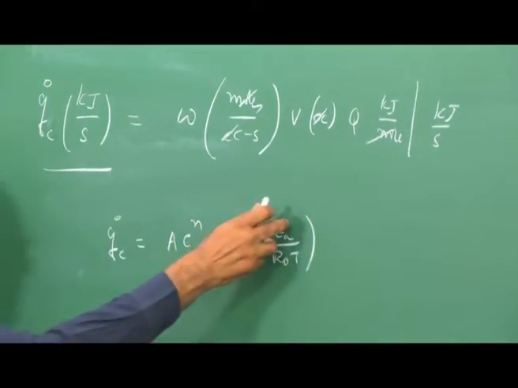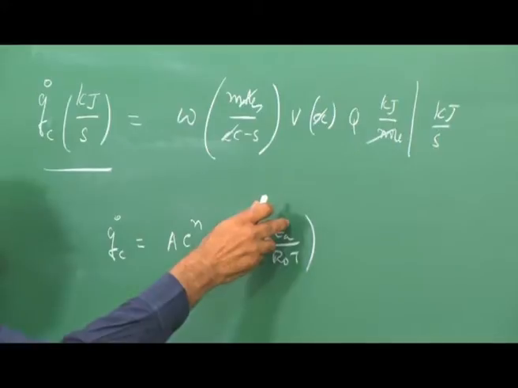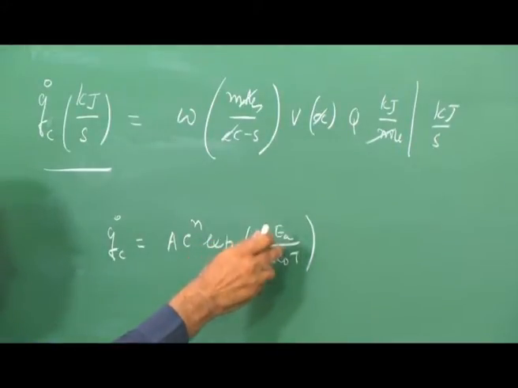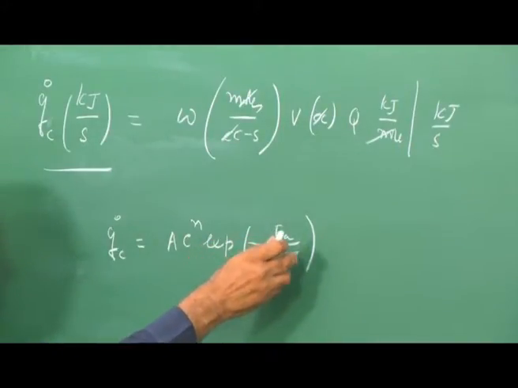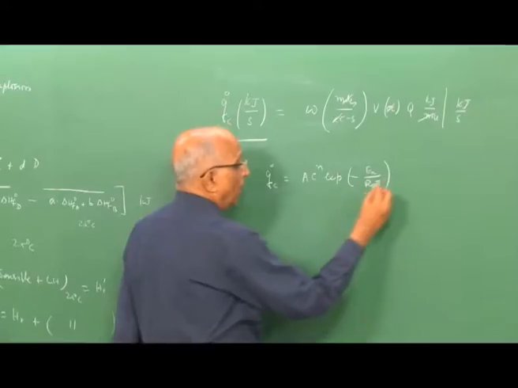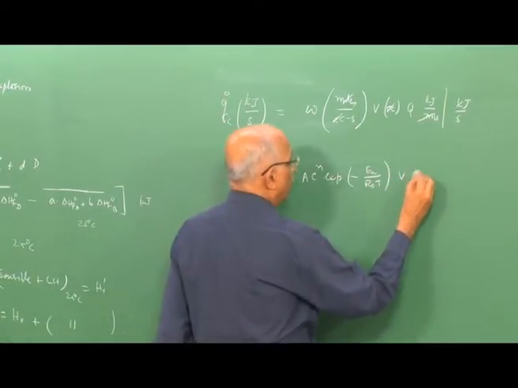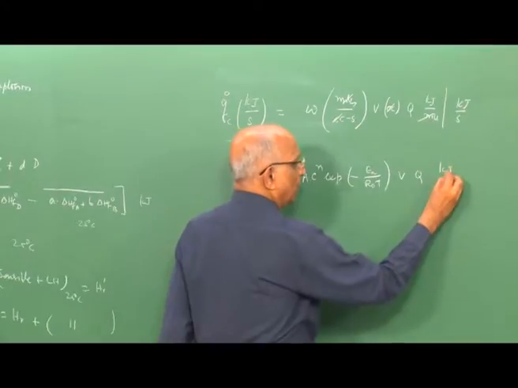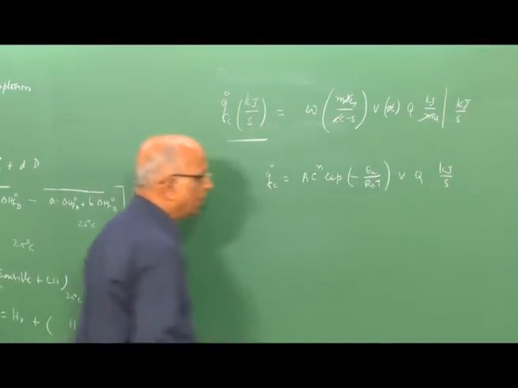The activation energy was large, it has units of joules per mole, and the universal gas constant is in joules per mole Kelvin, into V into Q. We said this is the amount of heat liberated in kilojoules per second.